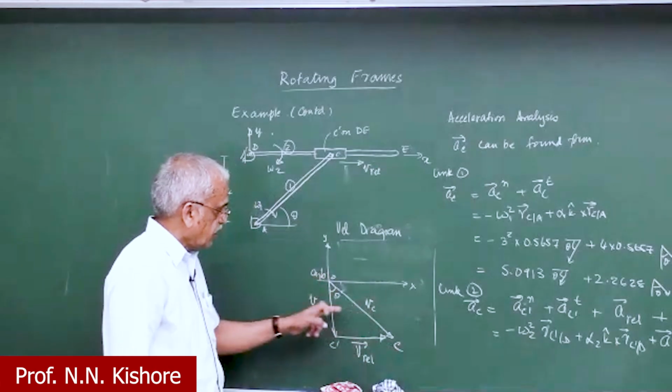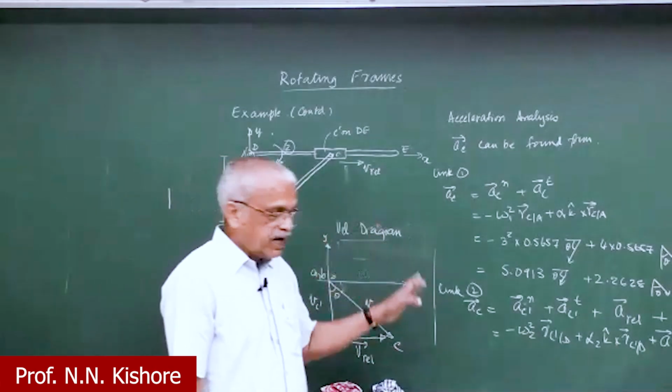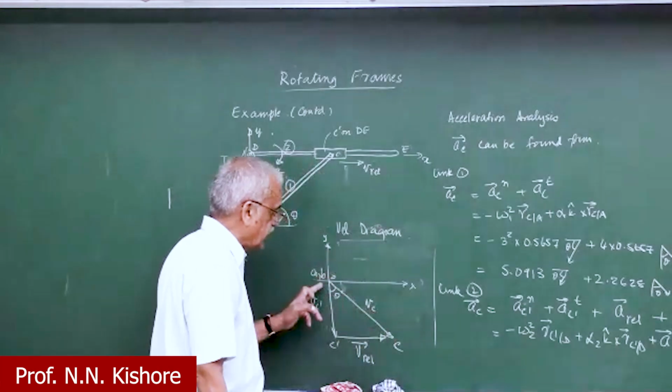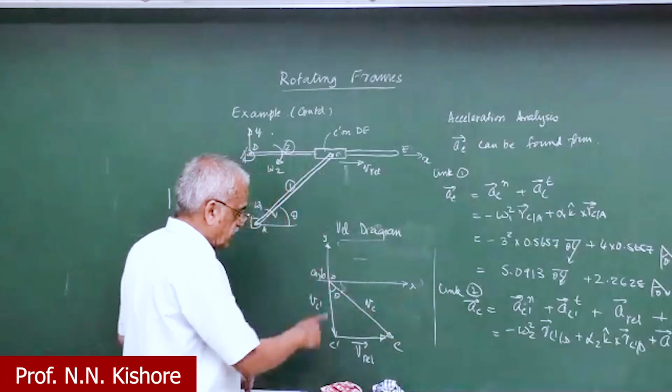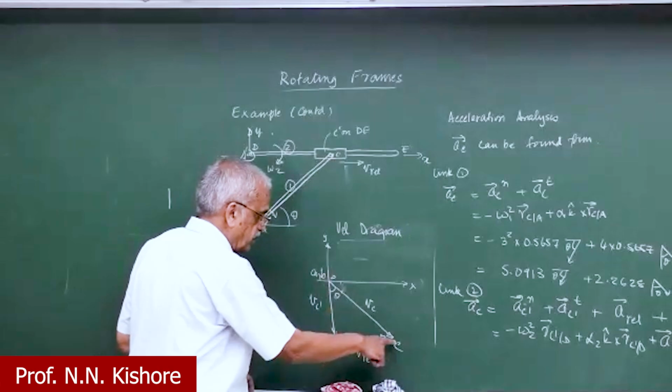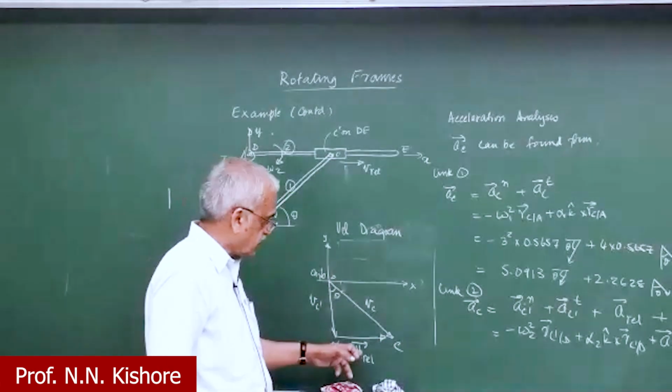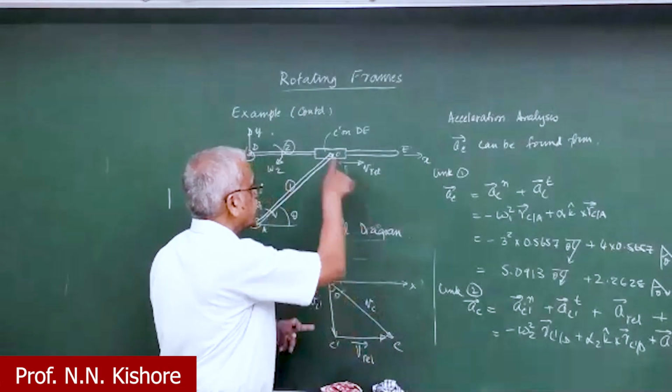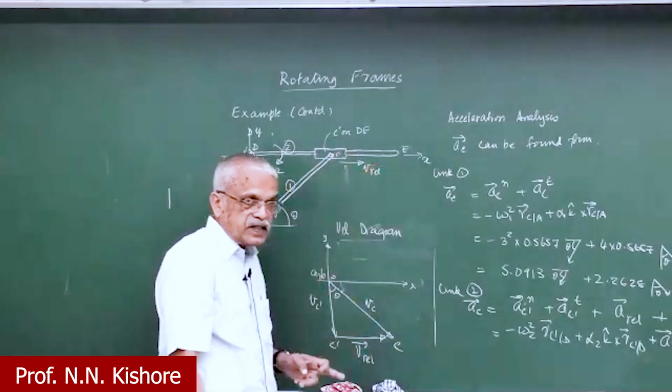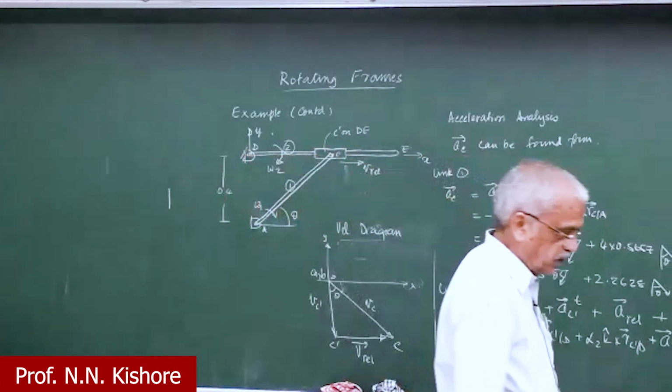Maybe let us say it is twice. So once you draw this one, the E point is nothing but, let us say, twice that of C prime. So if C prime is here, and I just extend it from here, I will get E here.